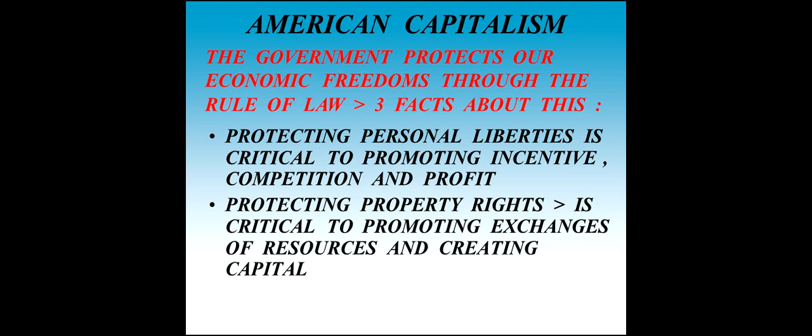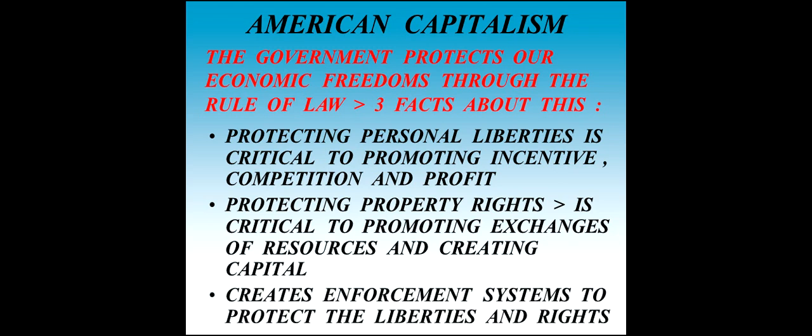And the right to own things is critical to being able to exchange what we own or our resources and therefore be able to create additional capital. And the third thing I'd like for you to remember is that it's through the rule of law that we create the enforcement systems that help us protect the personal liberties and the property rights.